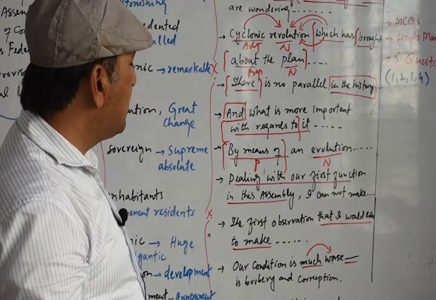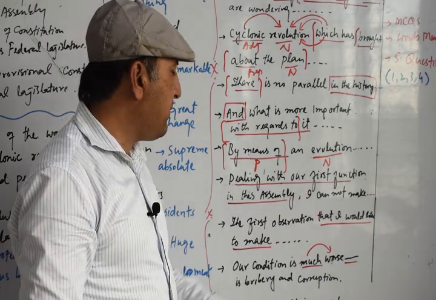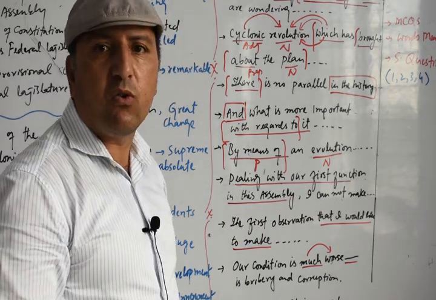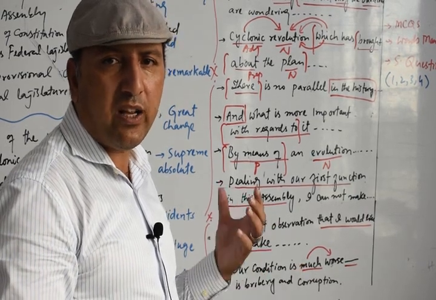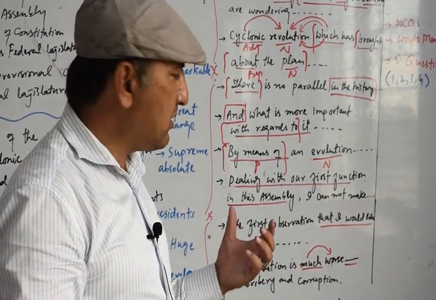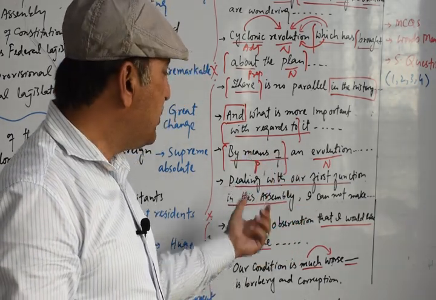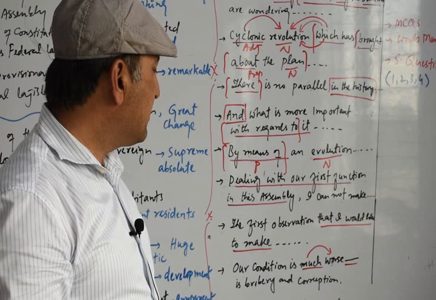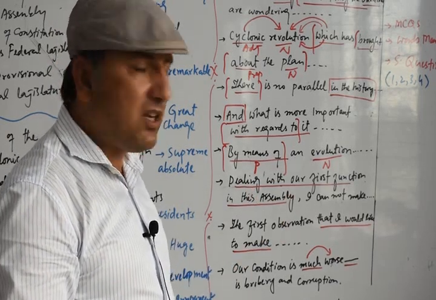Then we have, dealing with our first function in this assembly, I cannot make a pronouncement. This was a sentence which we also explained while we were reading the text. So we have taken this sentence from the same text. Dealing with our first function, these are the words which were delivered by Quaid-e-Azam Muhammad Ali Jinnah.